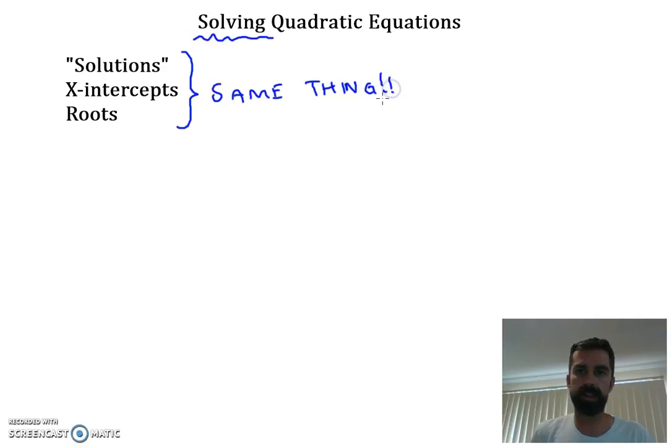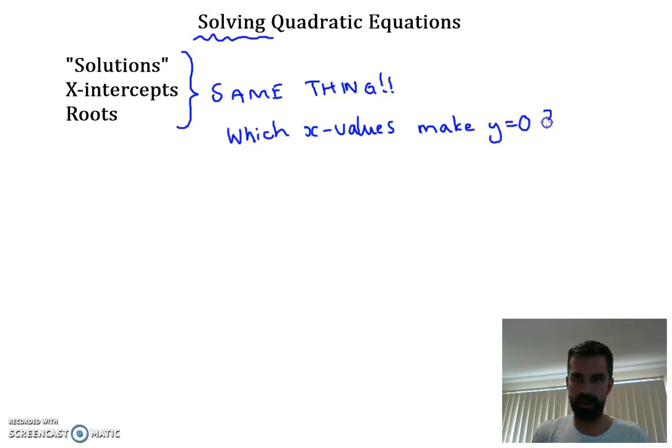So anytime you see any of those three terms, they're all talking about the same thing, which is really the key question: which x values make y equal 0?